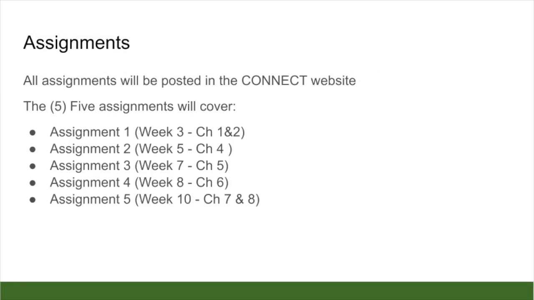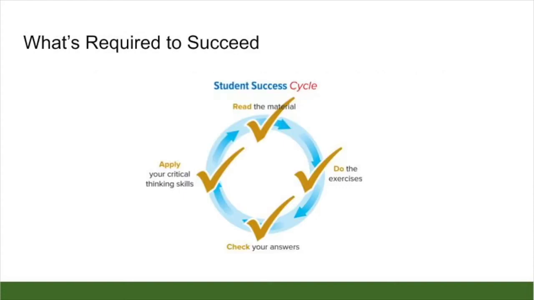If we look at the assignments, all assignments will be posted in the Connect website, and you can see that I've got them listed out right there in terms of the chapter. I want to emphasize that in order to be successful at this course, what you really need to do is practice, practice, practice. This little diagram here is a good summary of what you should do, a way to approach studying this. First of all, read the materials.